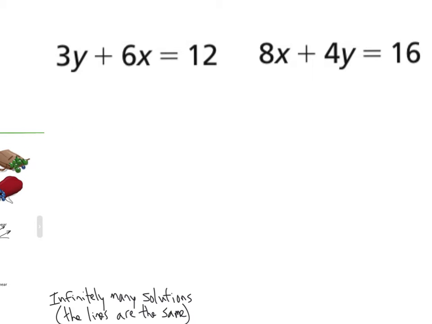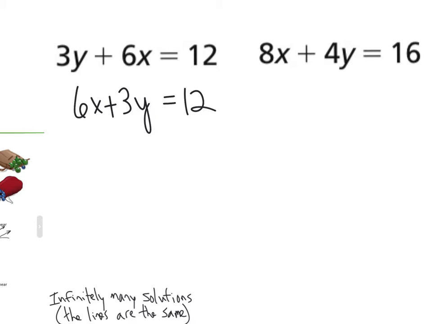So what I would probably do on that first equation is get it in the same order with the x and then the y. And then one thing you could do, looking at both equations, is try to get one of these coefficients the same, either the number in front of the x or the number in front of the y.